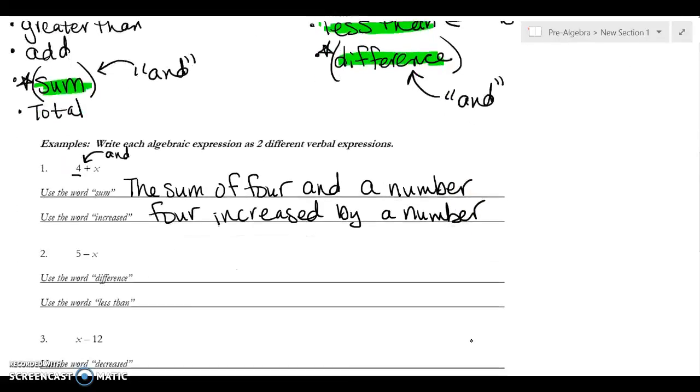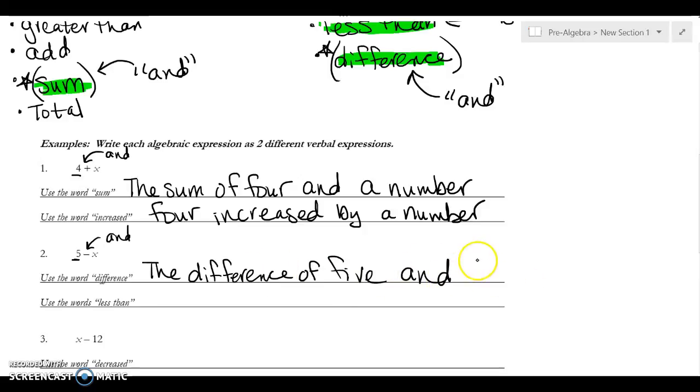Let's try the second one. It says difference. Difference is a star one, so it goes in the front, and it uses the word and. So the difference of 5 comes first, so I have to use that, of 5 and x, which is a number.